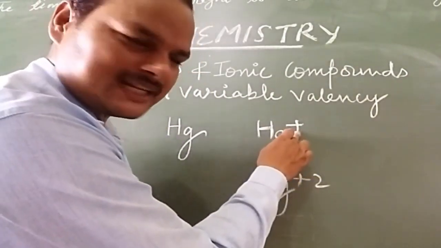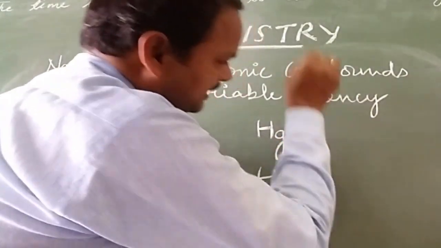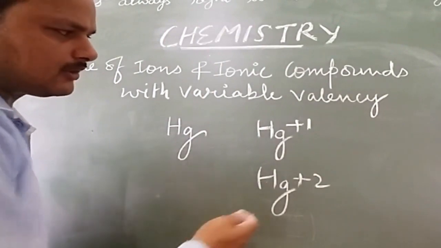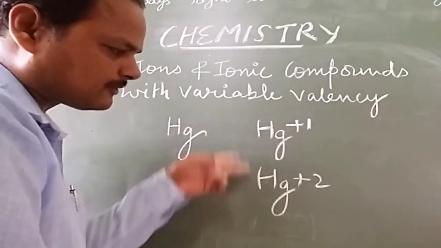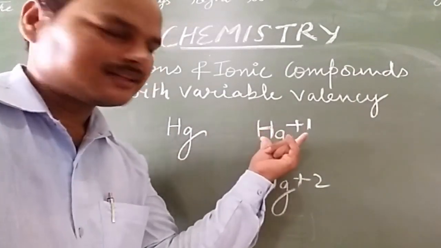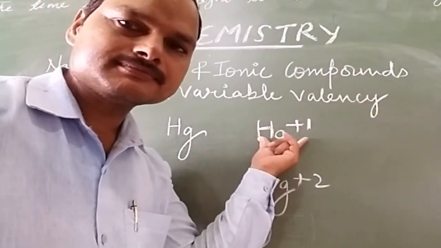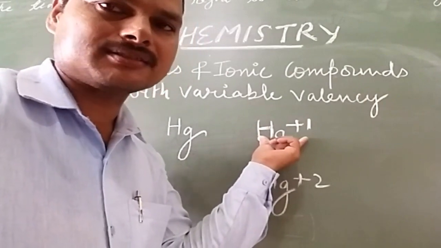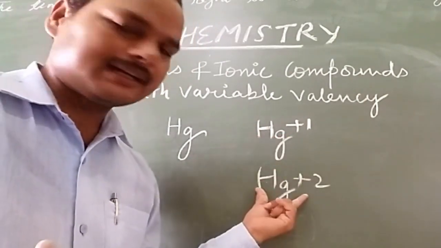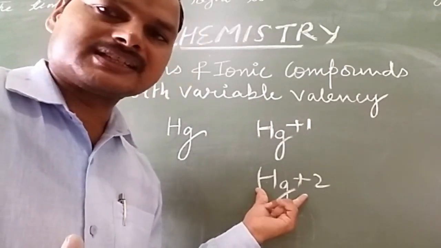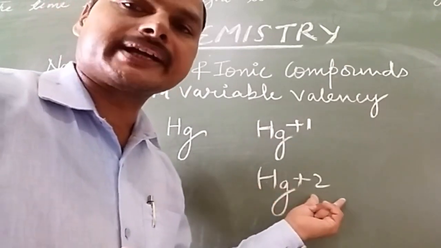We can write simply 1 plus, or plus 1 in this way. Now in the same way, according to the old concept, we write the names of these ions as mercurous. OUS should be at the end for the lower valency shown by the atom. And Hg2 positive is named mercuric.